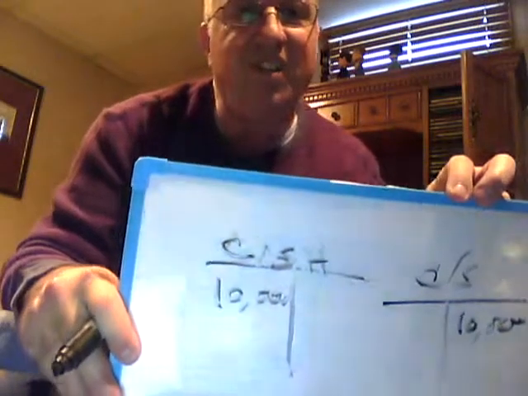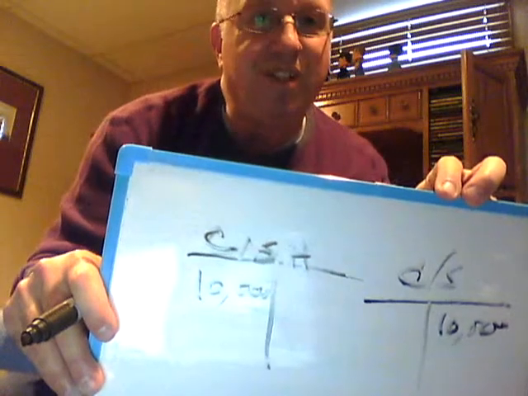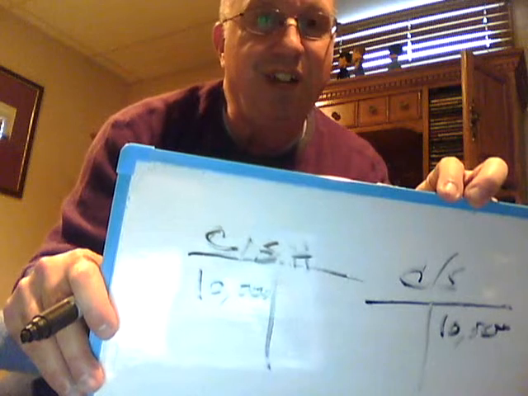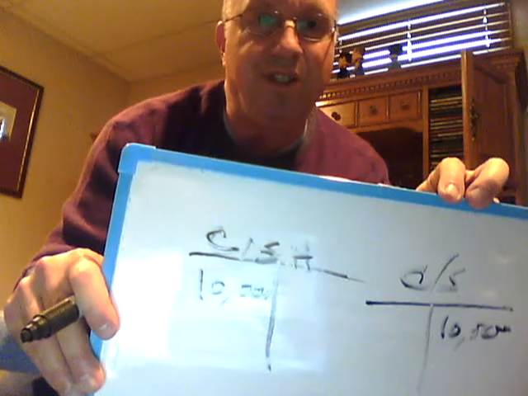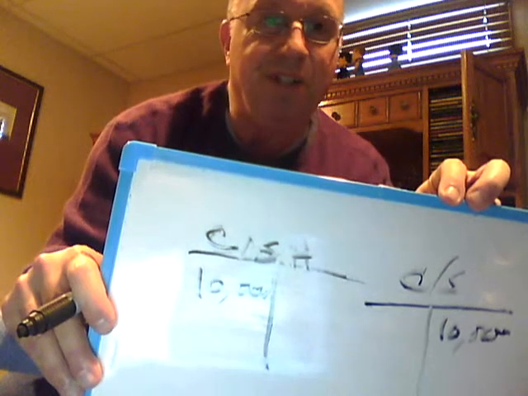Sorry if that doesn't translate out that well to the screen, but what I'm showing you is that cash was debited, or the left side of the T account, for $10,000 in this transaction. Common stock was credited for $10,000, or the right side of the T account.